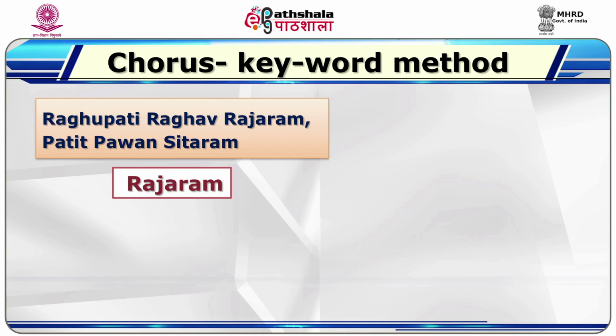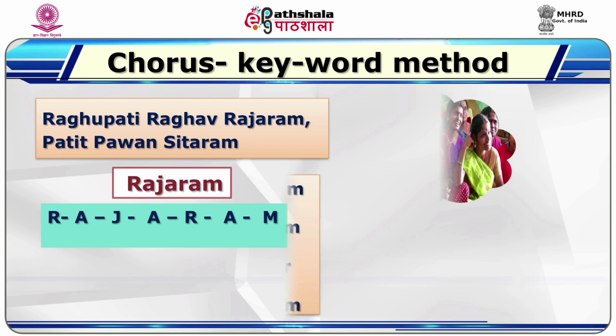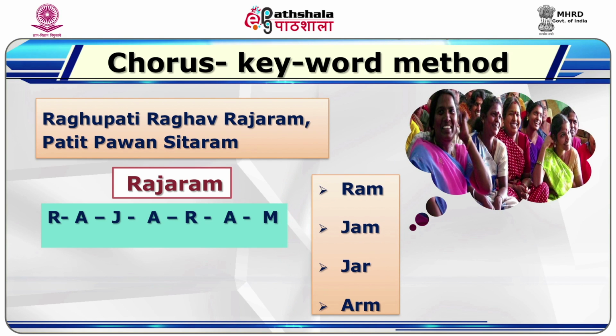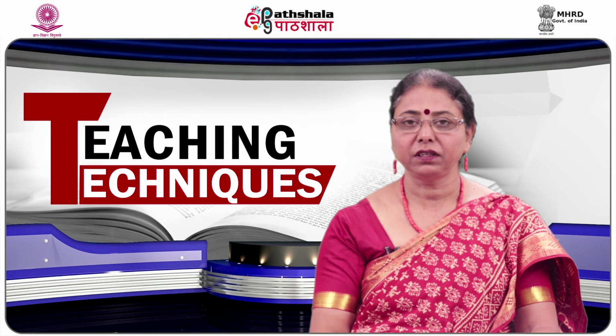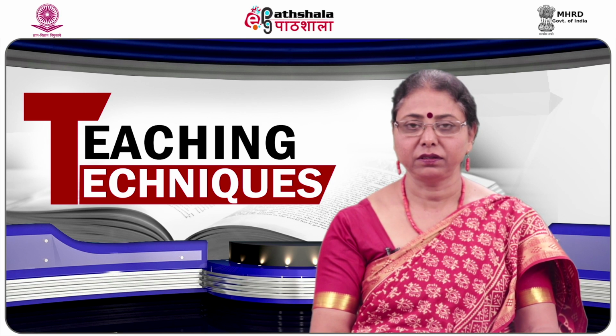Break up the word Raja Ram into alphabets, R, A, J, A, M. Now we ask the learners to make words with these alphabets, and they make words like RAM ram, JAM jam, JAR jar, AM am.